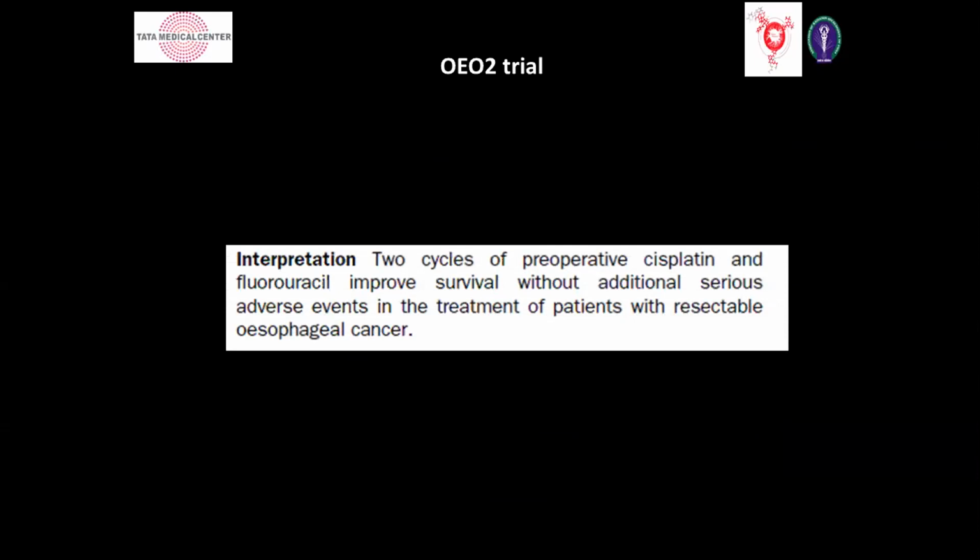In fact, many centers, including Tata Mumbai, still follow this OEO2 trial in different forms. They give neoadjuvant chemotherapy and then operate. But it depends on the institutional protocol, and on whether surgeons are comfortable operating after radiotherapy.